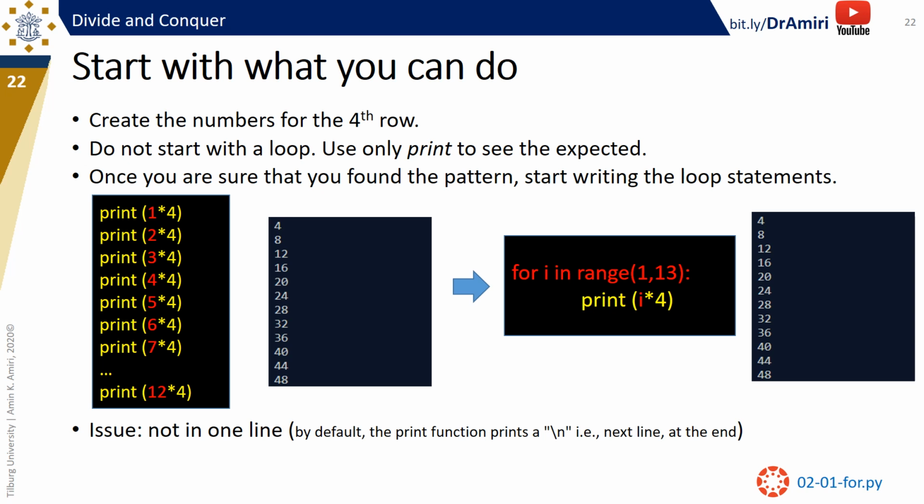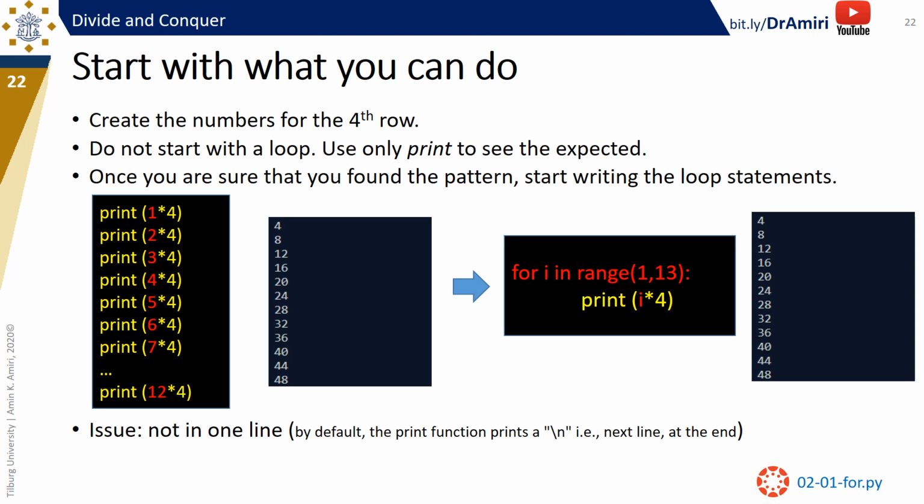The issue here is that not all numbers are printed in one line. So my first task should be to change this printing from a vertical presence to a kind of horizontal presence.